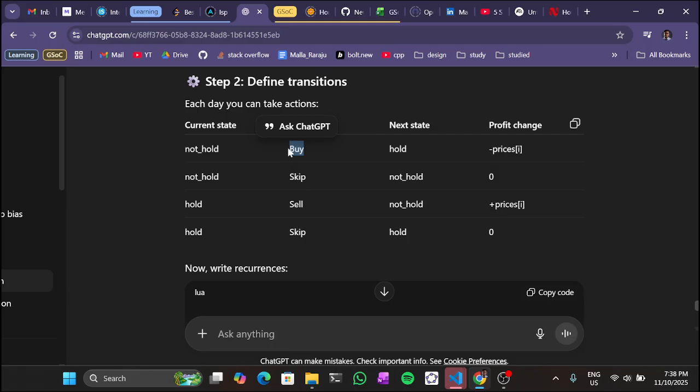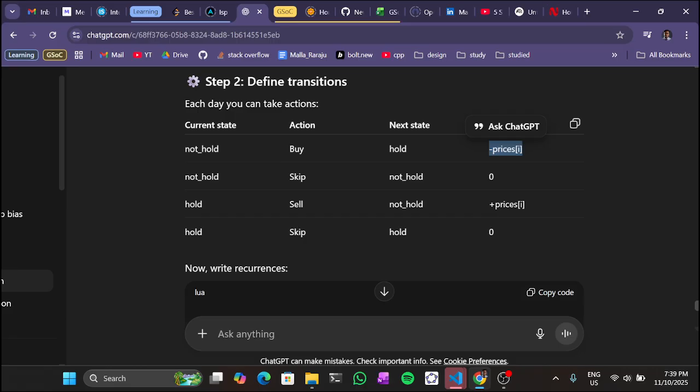So maybe the next action can be buy or skip. So there are two options, buy or skip. If you buy, you are going to hold it until you want to sell it again, which would make it minus prices of i.